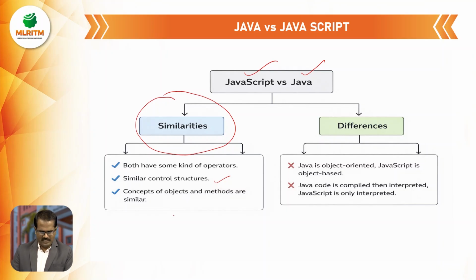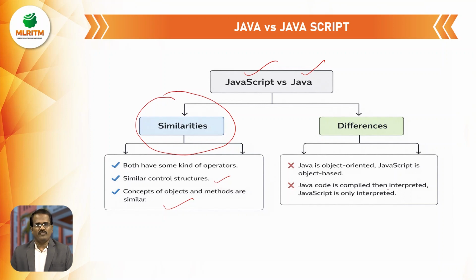Concepts of objects and methods are similar in JavaScript as well as Java. Coming to the differences, the only difference between JavaScript and Java is that JavaScript is an object-based programming language and Java is an object-oriented programming language.